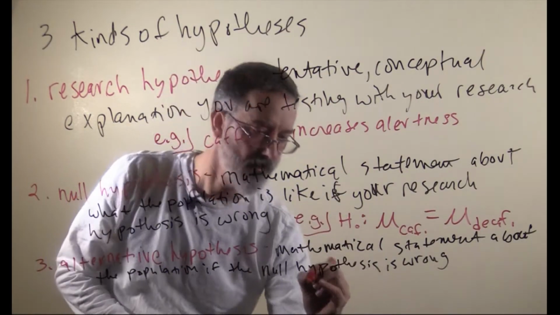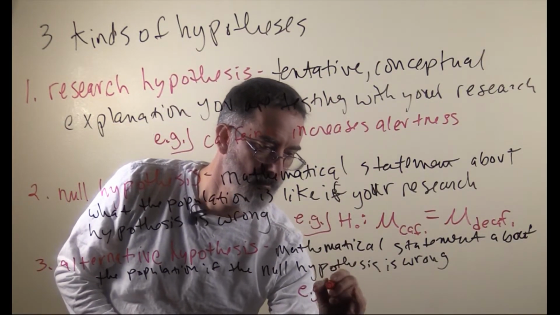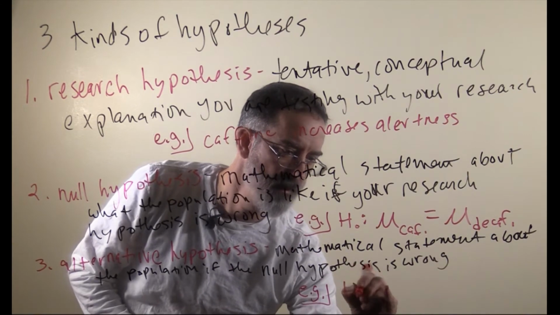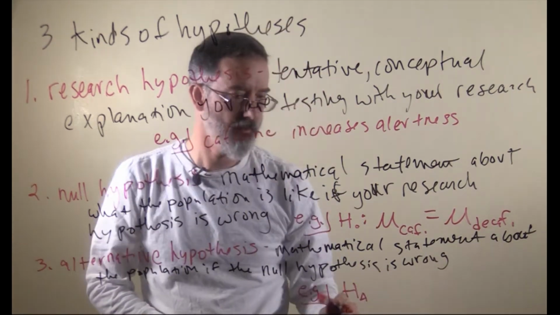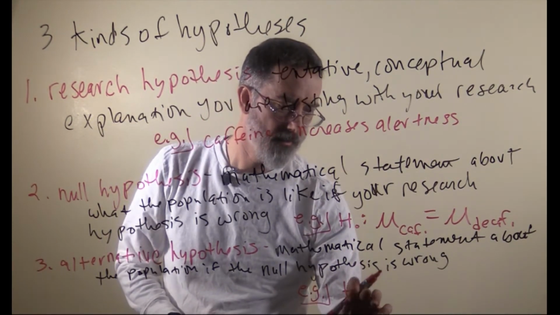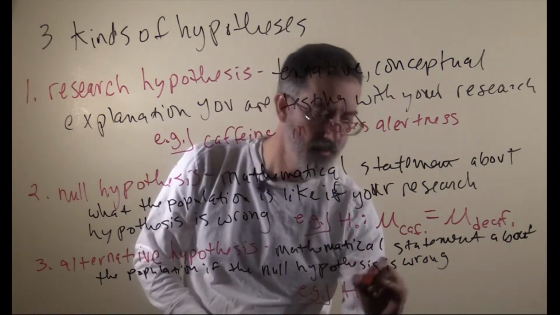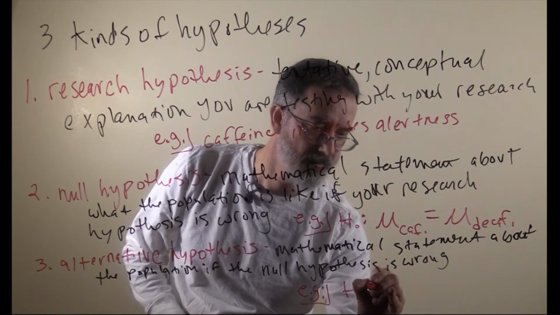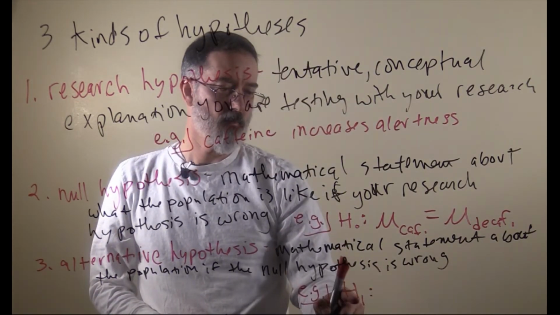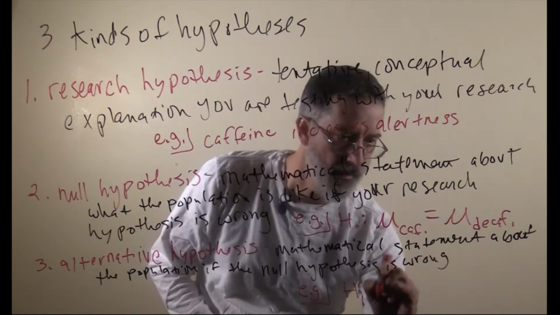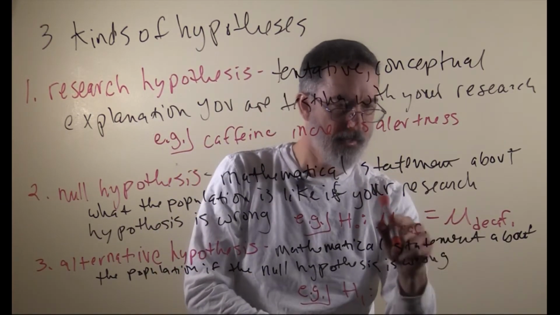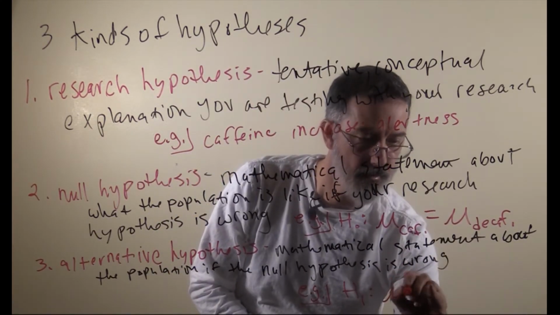So an example of an alternative hypothesis would be something like H sub A for alternative, or you could have H sub 1 if you want. It's always a 0 for the null hypothesis, but for the alternative hypothesis, sometimes you'll see a 1 or sometimes an A. And now we're going to have the exact same means in here.